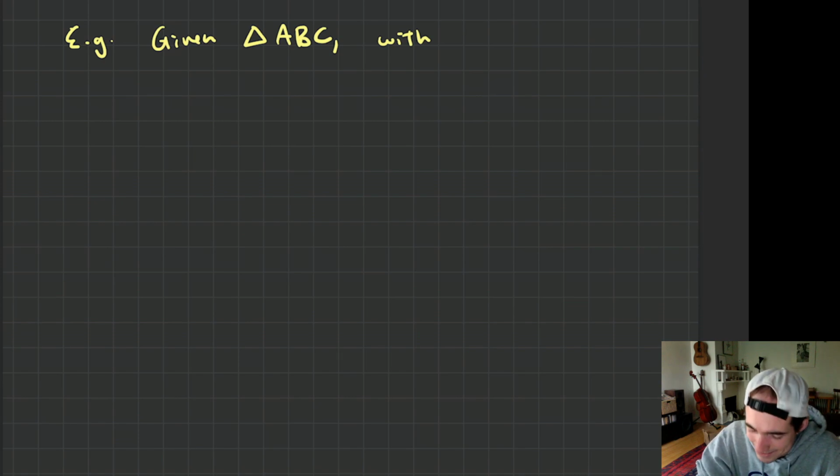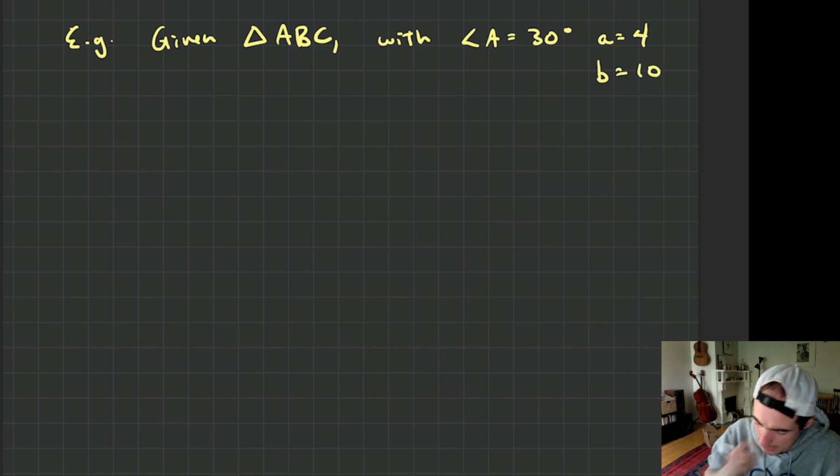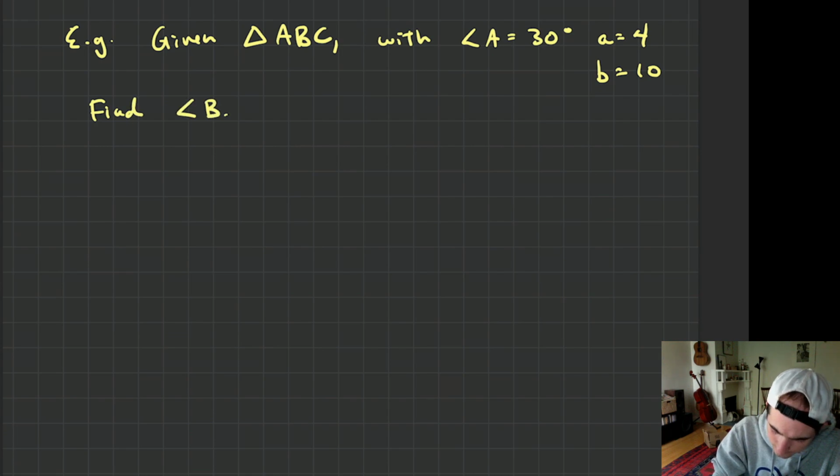So angle A is 30 degrees. A is equal to 4, and B, I'm running out of room here, and B is equal to 10. Okay, we want to find angle B.